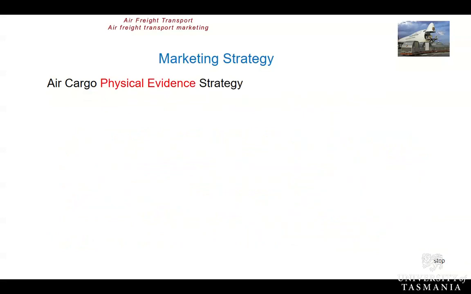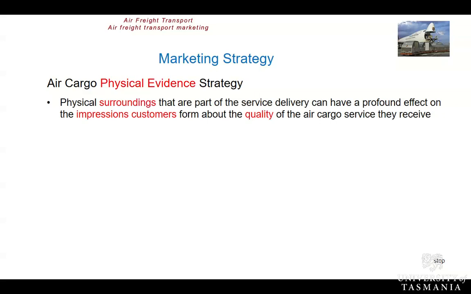The other element that makes services unique and different is physical evidence. So physical evidence is about those physical surroundings of the service delivery. So it could be interactions that you have, impressions that the customer gets from the delivery of the service. So if they have to go in and drop off some goods somewhere, they'll build up a perception of their surroundings.